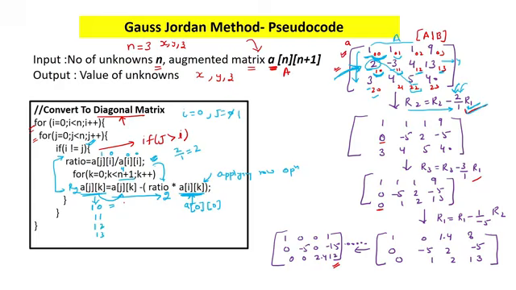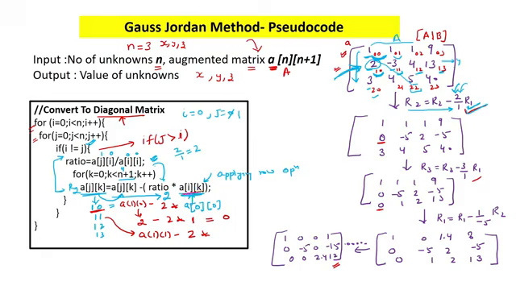That means here it will be a10 minus 2 multiplied by this element. So a10 is 2, minus 2 multiplied by a00, which is 1. So this will be 0. That means the 1 0 element will be changed to 0. For this element, it will be a11 minus ratio, which is 2, into a01.